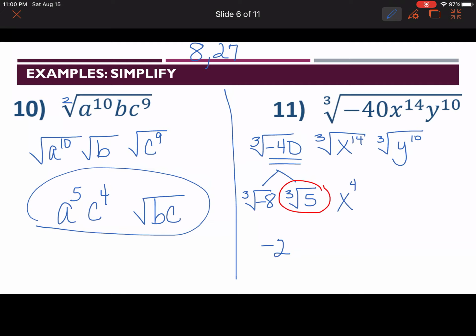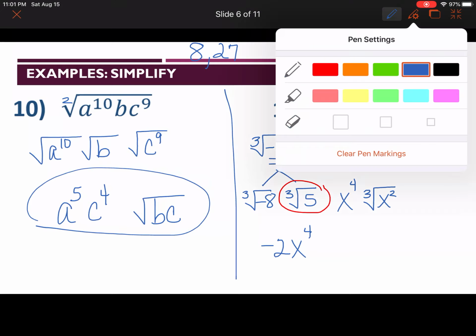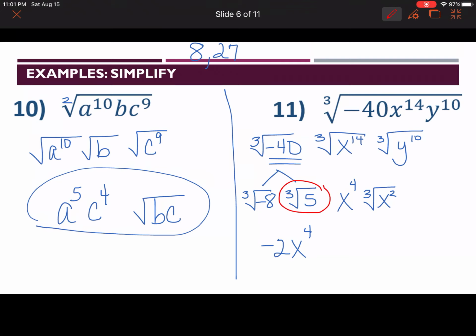Okay, but I would have some left over. I would have 2. So again, I have 4 that came out. So I'm actually going to write that down here with the negative 2. But those 2 that are left over, they have to stay. So I'm going to circle that again because we'll come back to that in a second.